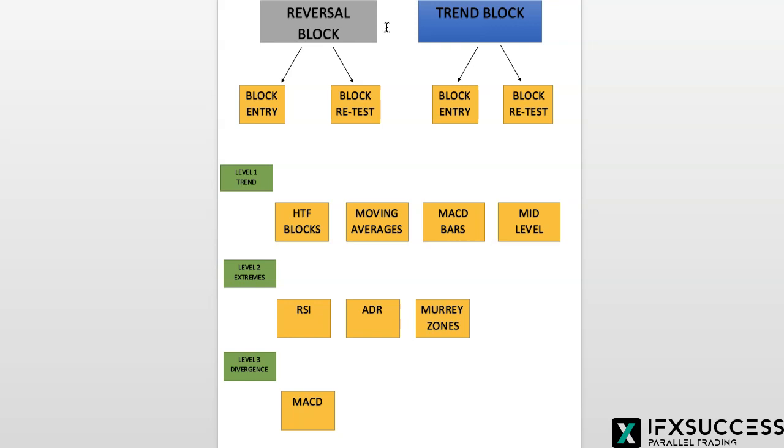Now when we add filters, what it's doing is reducing the amount of entries. Instead of 10 entries without any filter, if we add a filter, now we can have 5. But if we have 5 entries, it does not mean that all 5 are going to be 100% winners, right?